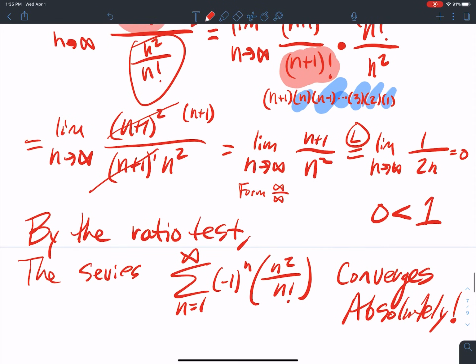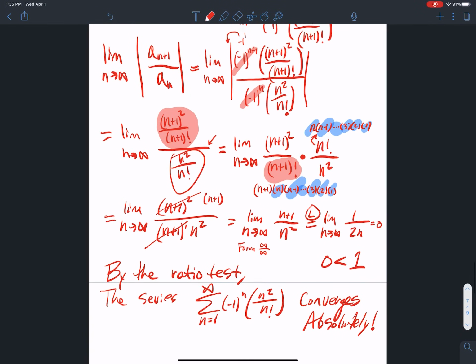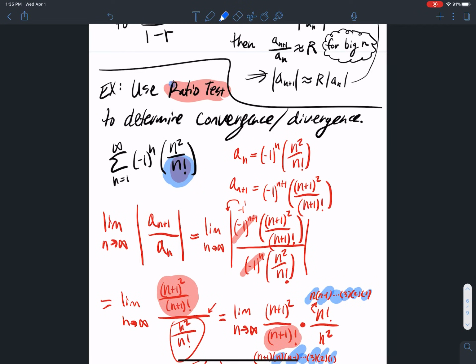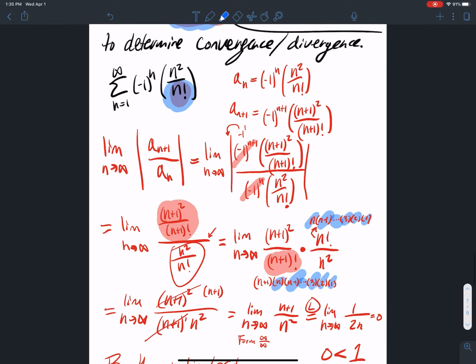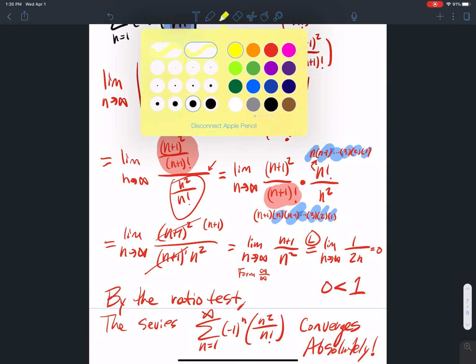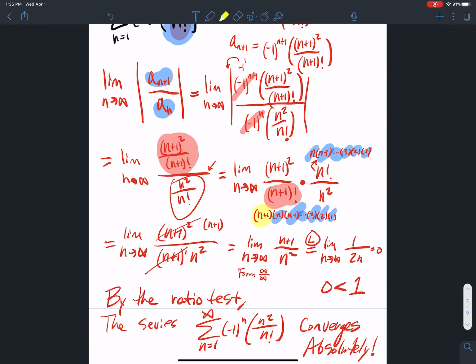You saw the really nice trick that happened here, and the reason whenever I see a factorial, I automatically think ratio test, is when I see these factorials and I divide the n plus 1 term by the nth term, the factorials end up killing each other off, okay? There ends up being a big old fight, and typically only one piece will survive.